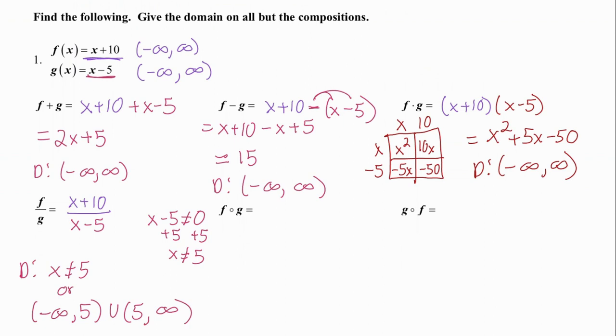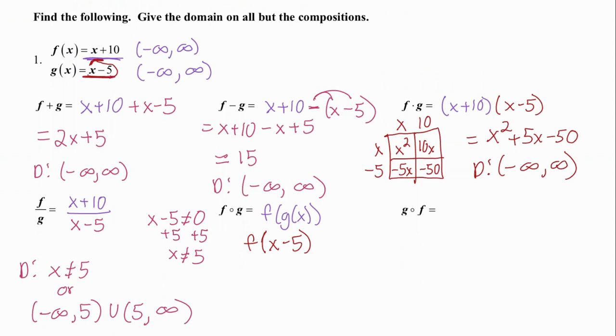Okay, so again, the next one is looking for us to do f of g of x. So that means we're taking that g equation and we are plugging it into the other one wherever we see an x. So really what we're doing is f of x minus 5, which is that g equation.